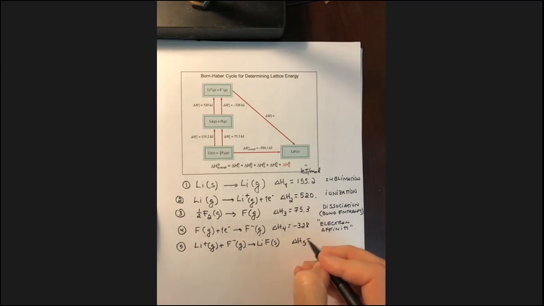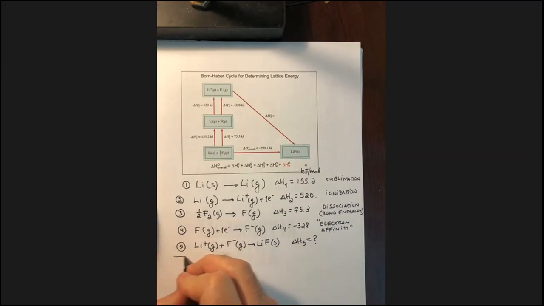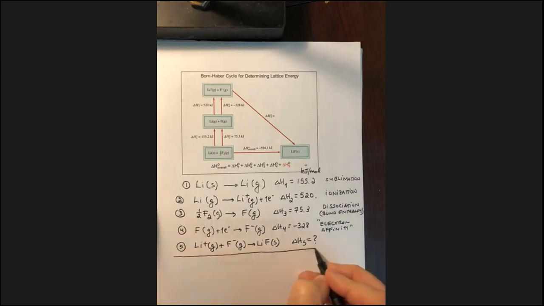Delta H5 is our big unknown. That's the one that we don't know. We're trying to find out. So what we're going to do now is add up all of these processes, just like we did with Hess's law. And anything that's present on one side and on the other side of the equation will cancel out as we add all of these.